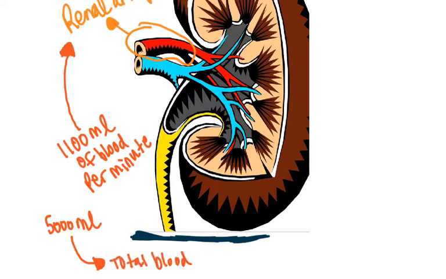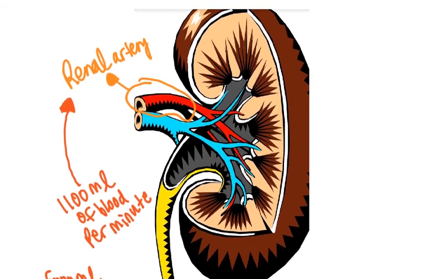Let me write that a little clearer: the total blood volume in our body. So if we estimate it, that means our kidneys and our renal artery will be receiving all of our blood in around 5 minutes. That's pretty cool to know.